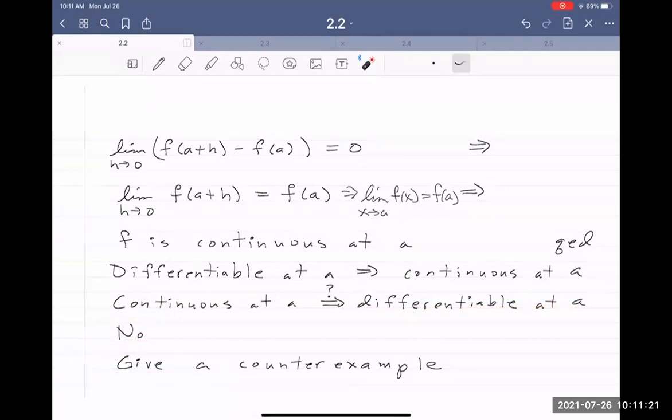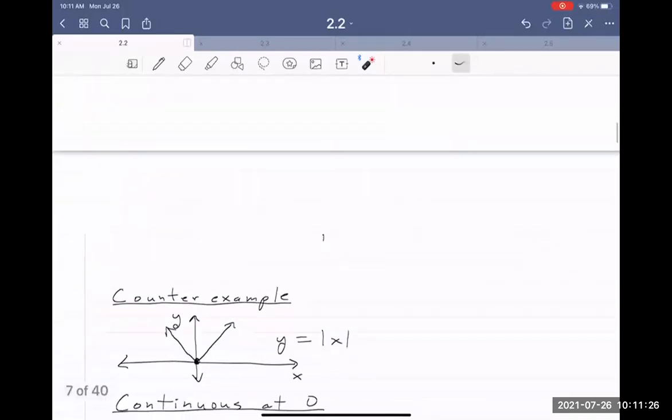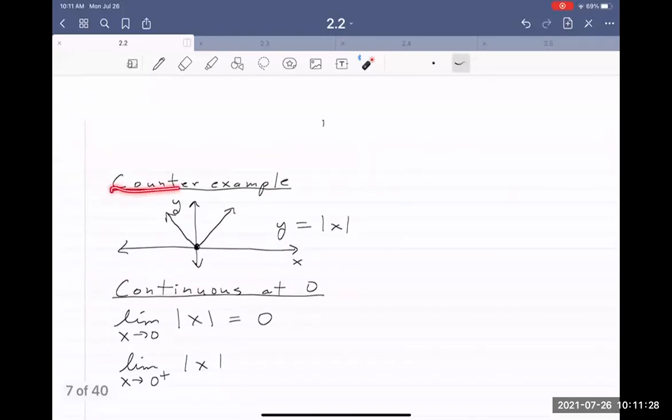Let's give a counterexample. The counterexample is probably going to be the absolute value. So note the following, that if y equals the absolute value of x, then this function here is continuous at the origin. The limit as x approaches 0 of the absolute value is 0.